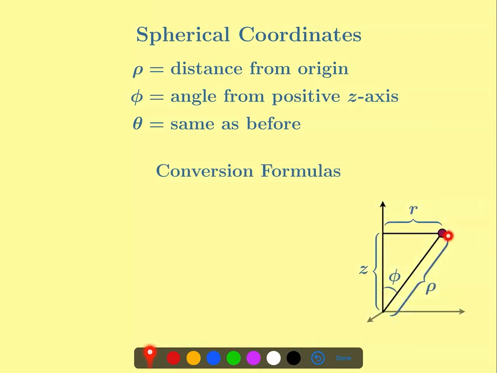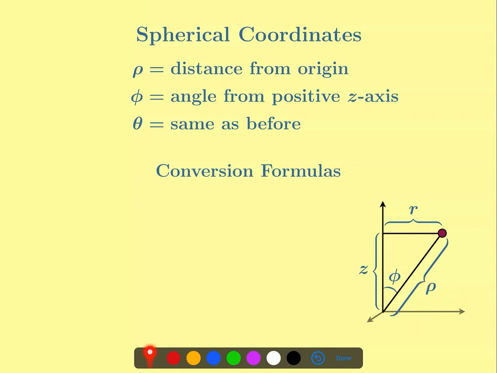I have rho being the distance to the origin, phi the angle from the positive z-axis, r the distance to the z-axis, and z would be, as usual, the distance from here to the xy plane, the height of this point over the xy plane. So if you can remember this picture, it makes converting fairly easy.